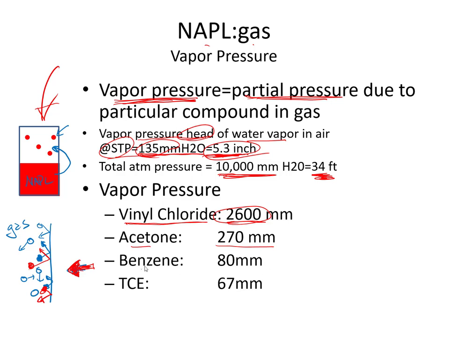And then these other ones, benzene and TCE, also have a vapor pressure that is significant, but it's a good bit less than, well, maybe half or so of what water is. Okay, so these are some examples of the vapor pressure, basically the tendency for the NAPL to partition into the vapor phase.